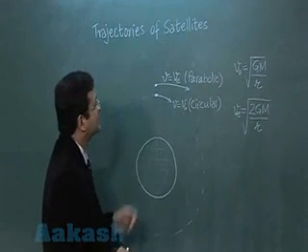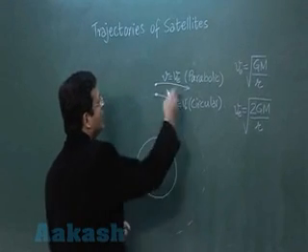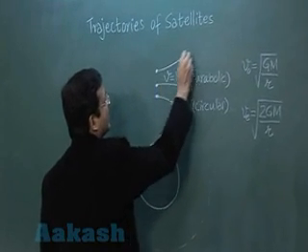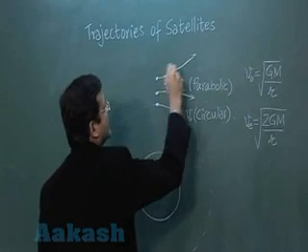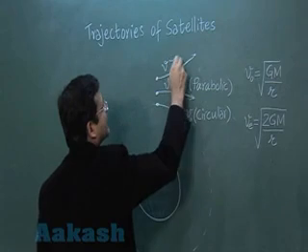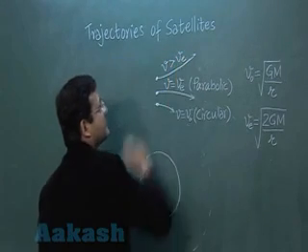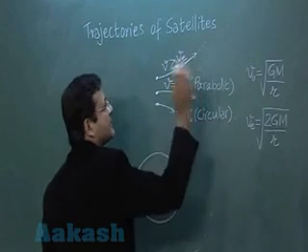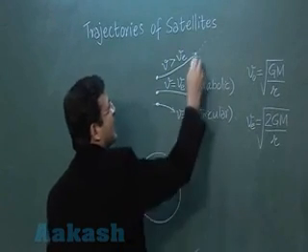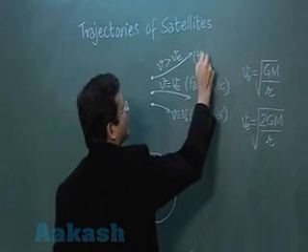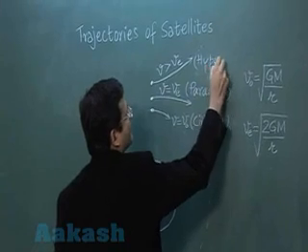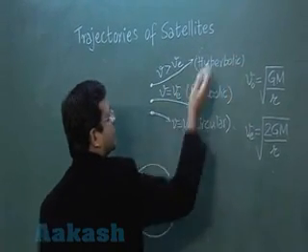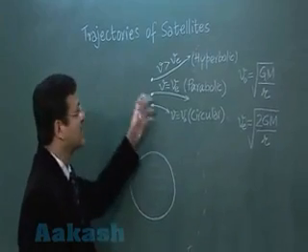But in case you are having a speed larger than this, if this satellite is having a speed greater than the escape speed, then you will find that it will again escape, and this escape will be hyperbolic. Much easier to escape.